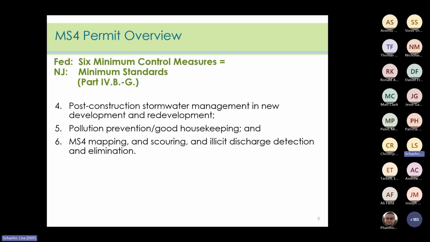It includes community-wide ordinances, community-wide pollution prevention measures, best management practices at maintenance yards and ancillary operations, and stormwater training requirements. Number 6 is the MS4 mapping and scouring and illicit discharge detection and elimination. That includes mapping the MS4 infrastructure stormwater features, controlling localized stream scouring, and tracking down and eliminating illicit discharges of pollutants.